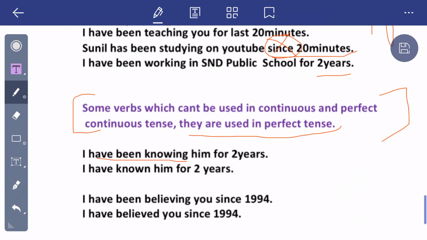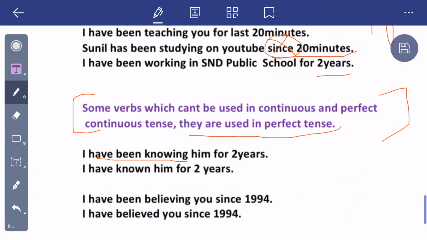And for such sentences which I want to use in present continuous but the verb can't be used in continuous, in place of present continuous I will use present indefinite, and in place of present perfect continuous I will use present perfect.